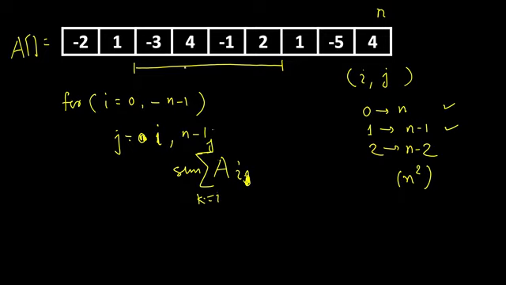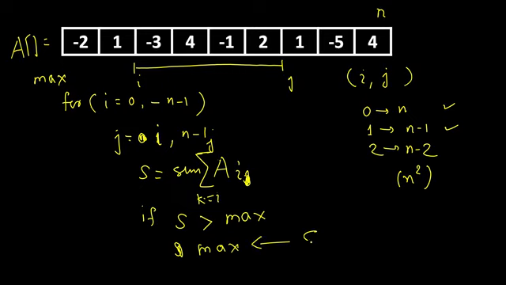So you are summing all the elements from the ith to the jth position, and then you are keeping track of the maximum. So if this sum S is more than the existing maximum, you update max with the new sum, and ultimately you will return max.